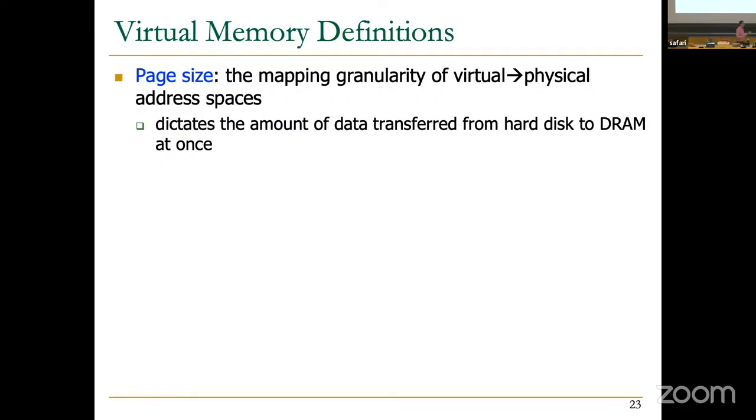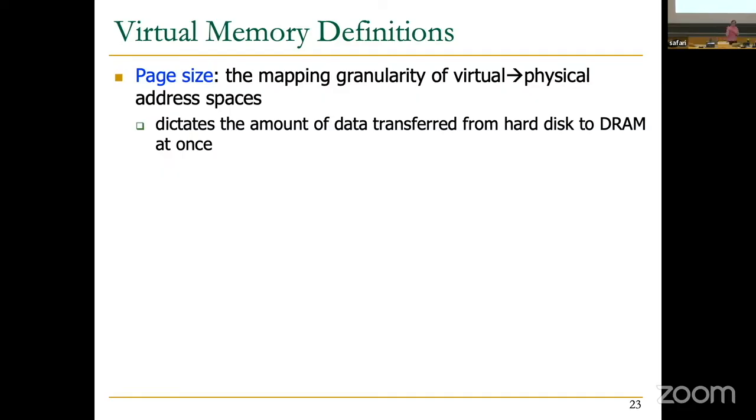We actually still have this legacy of disk-based virtual memory systems. That's why you see 4 kilobyte pages today in many systems. It's unfortunate, but that's how it is. Basically, we're assuming that you're transferring all of that amount, 4 kilobytes, from the hard disk to DRAM to put a page into the physical memory. Hopefully that makes sense. But again, we've seen in caching, sub-blocking or sectoring, right?